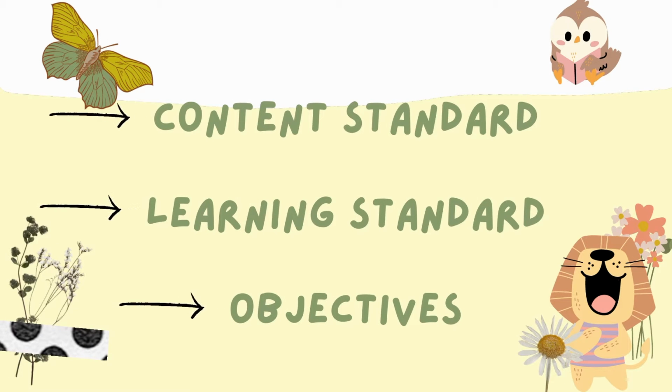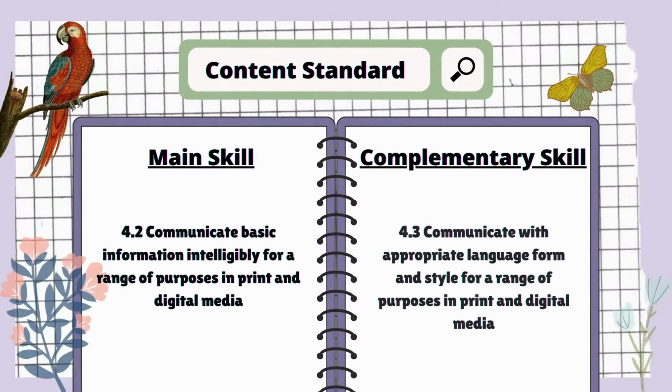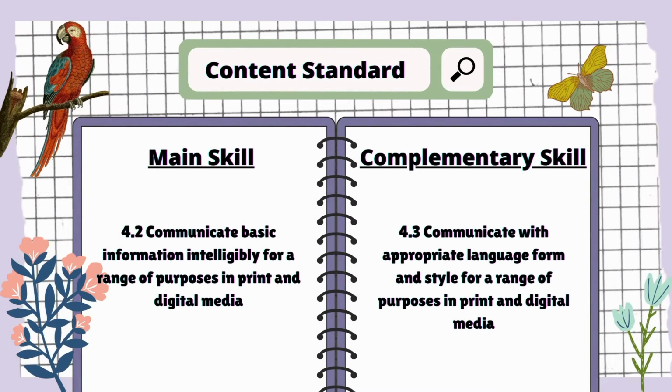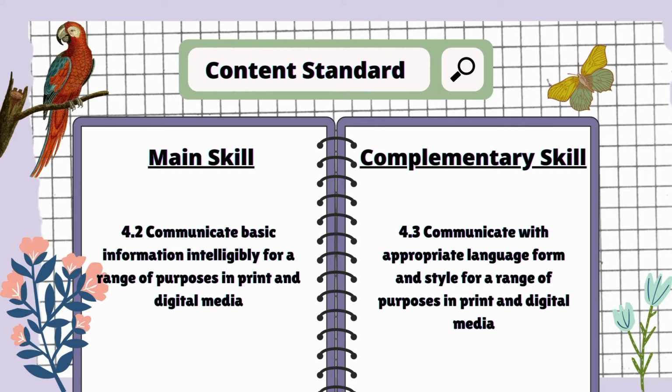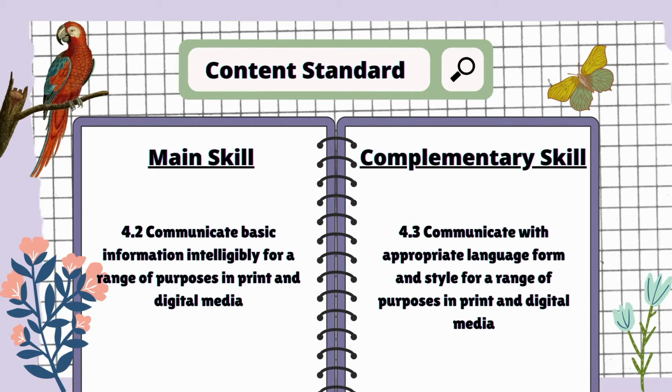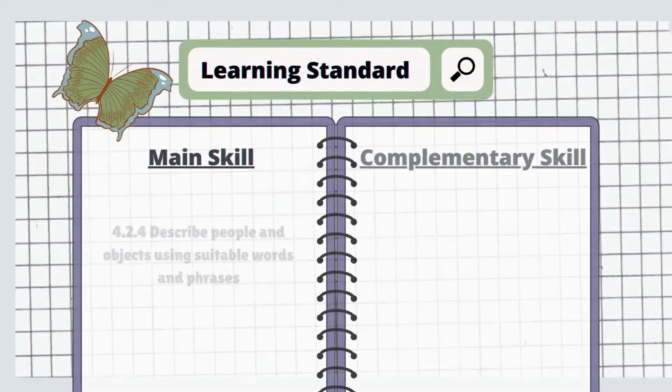And let's see our content standard, learning standard, and also objective for today's lesson. Content standard, main skill 4.2: Communicate basic information intelligibly for a range of purposes in print and digital media. Complementary skill 4.3: Communicate with appropriate language, form, and style for a range of purposes in print and digital media.